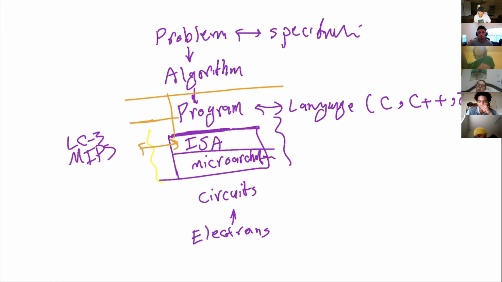You can say assembly. This is the language which is bound to your particular ISA, right? Like X assembly. X could be MIPS assembly, ARM assembly, or x86 assembly, right?